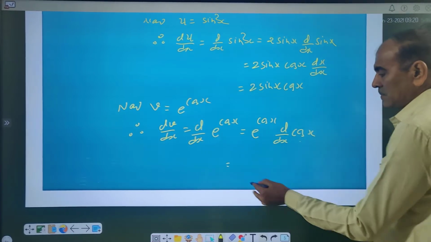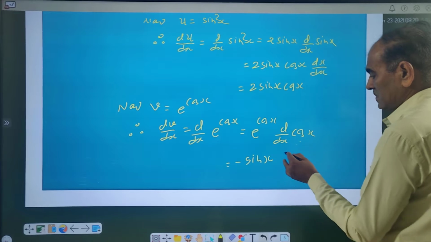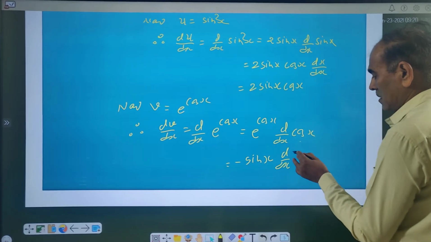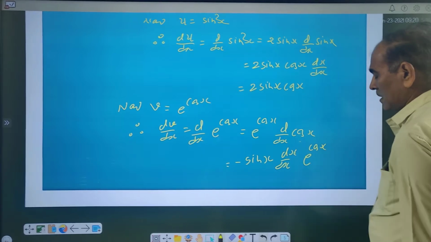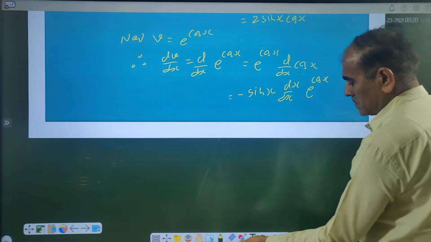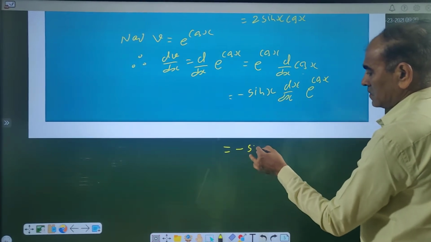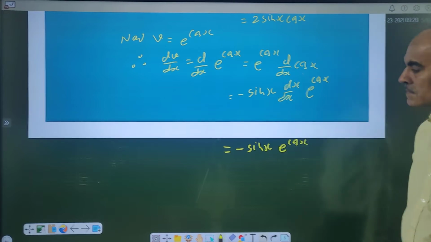What is the sign? Minus sign, since the derivative of cos is minus sin. So we get minus sin x times e raised to cos x.